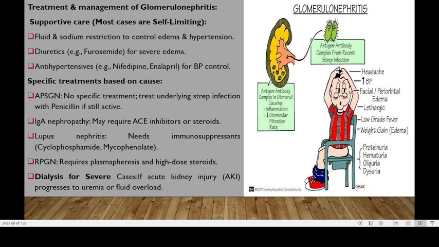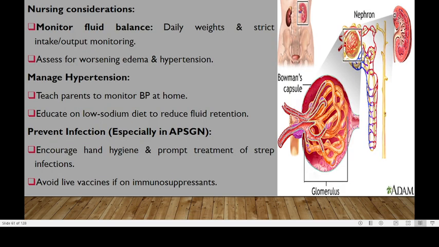For lupus, you need immunosuppressants like cyclophosphamide and mycophenolate. The last one requires plasmapheresis and high-dose steroids. We could also do dialysis for severe cases, especially if there is acute kidney injury that has progressed to uremia or fluid overload.